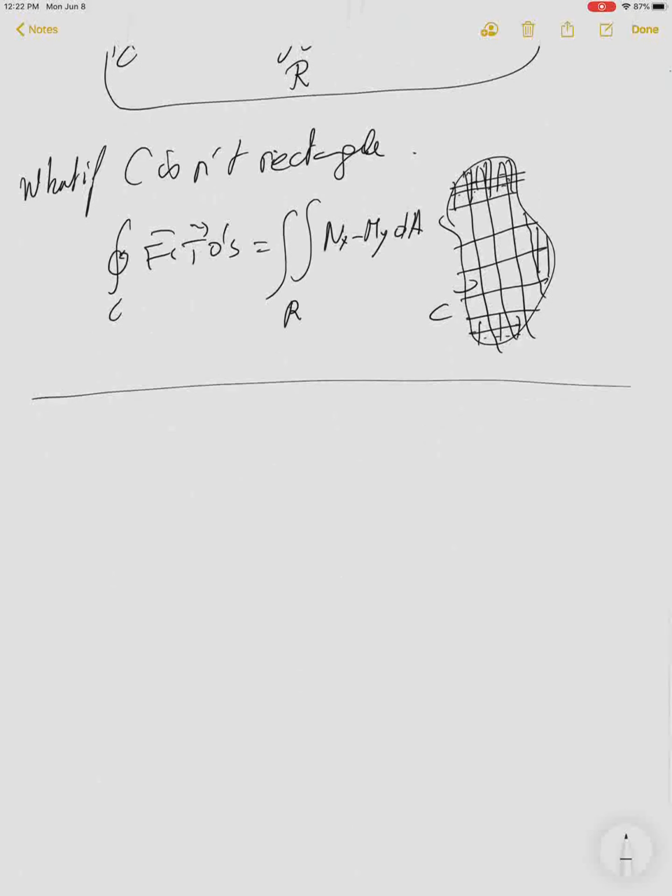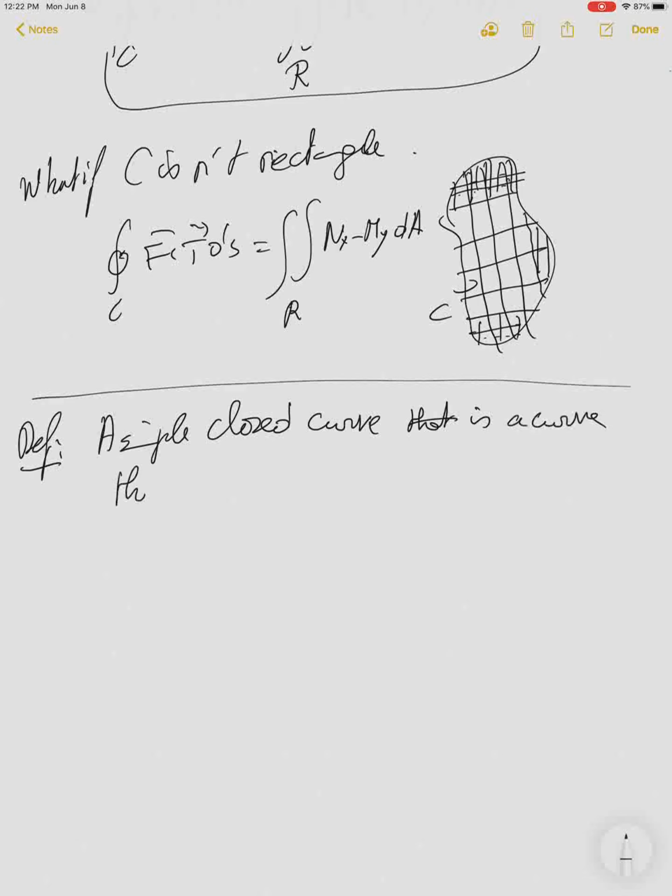Now before saying the theorem, I need a definition. A simple closed curve is simply a curve that doesn't self-intersect, well, except at the endpoint.